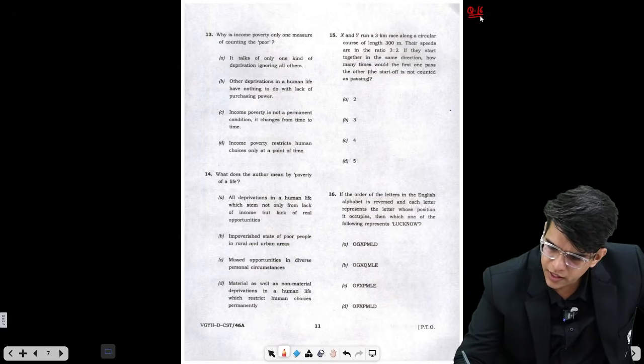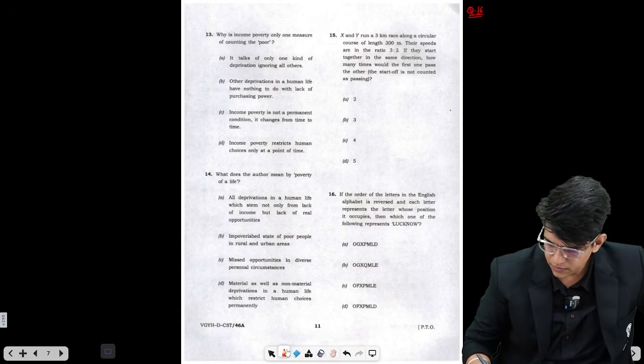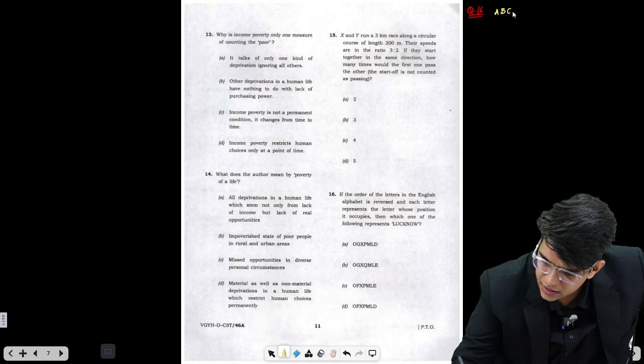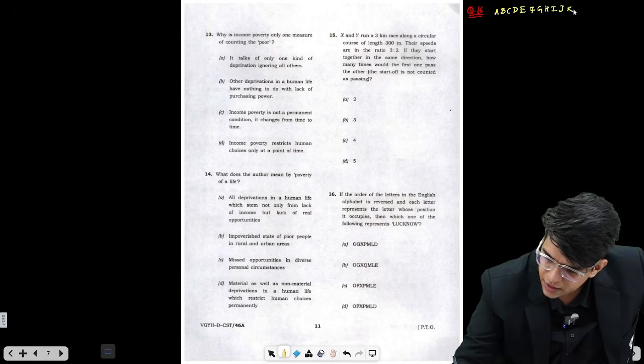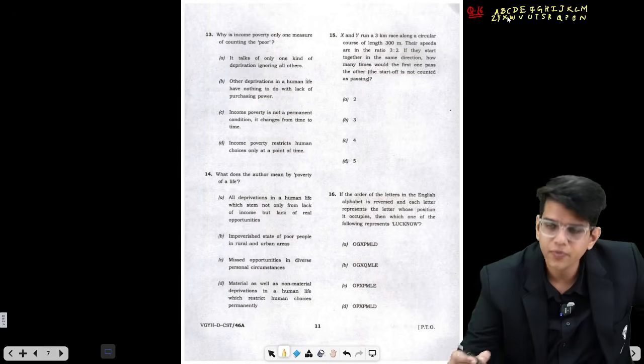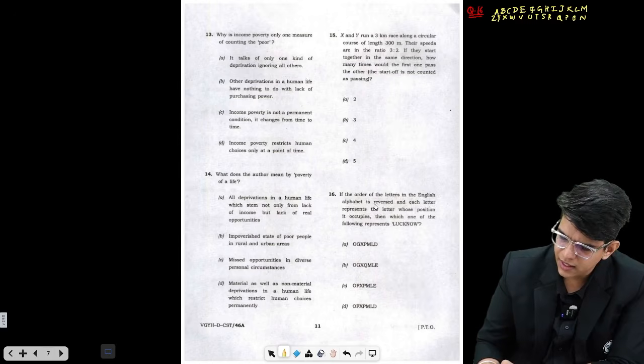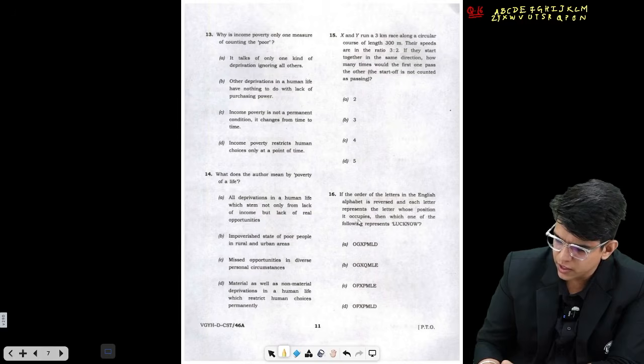So in all coding-decoding questions, what you need to do is make this table: A, B, C, D, E, F, G, H, I, J, K, L, M, N, O, P, Q, R, S, T, U, V, W, X, Y, and Z. So basically the question is saying, if the order of the letters in the English alphabet is reversed and each letter represents the letter whose position it occupies, then which one of the following represents Lucknow?